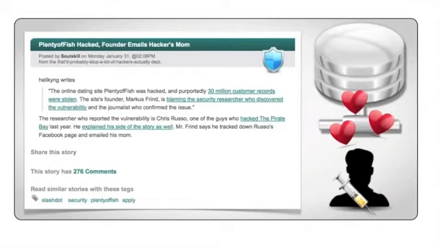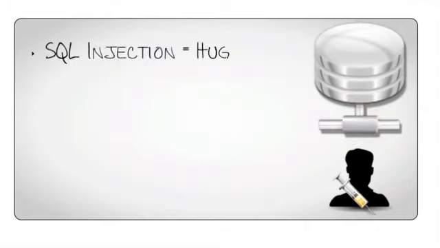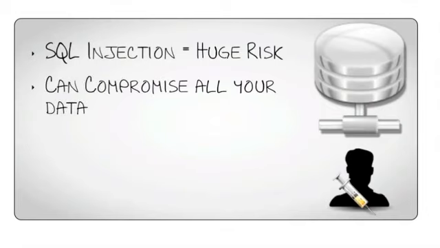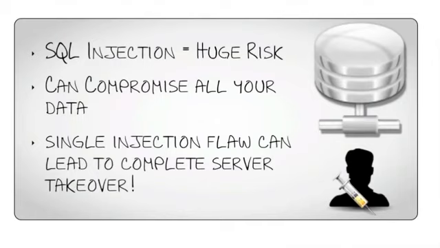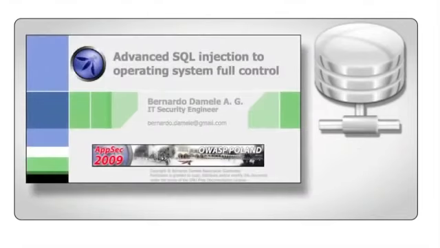As you can see, SQL injection is a huge risk, where a single code flaw leads to massive data loss. It can even result in the attackers taking over your entire database server. For more information, you can check out the OWASP presentation called Advanced SQL Injection to Operating System Full Control by Bernardo de Mele.